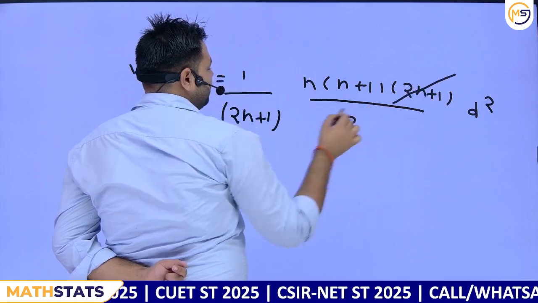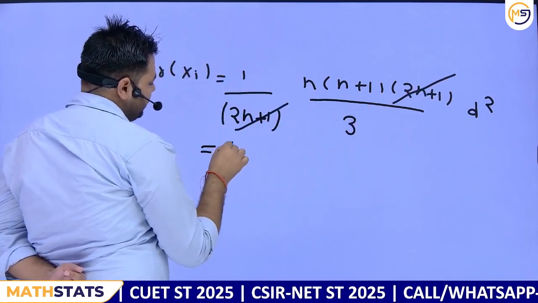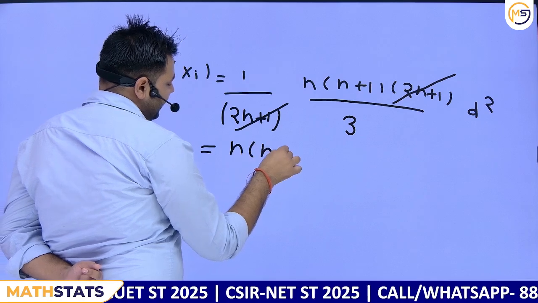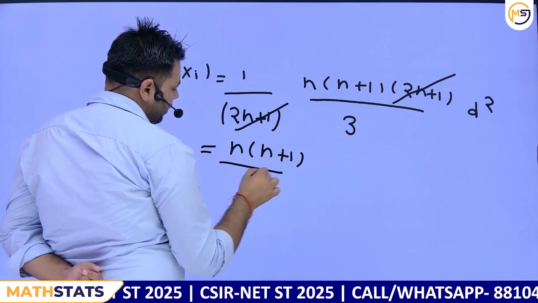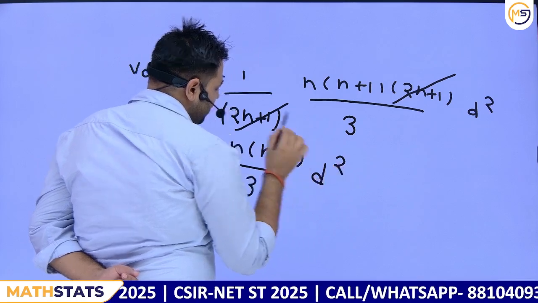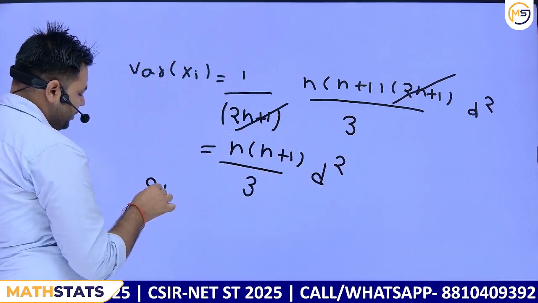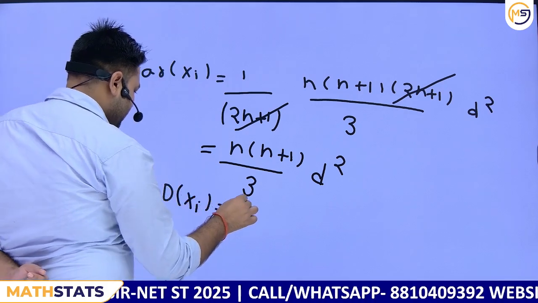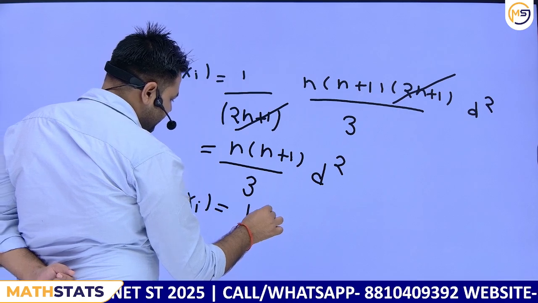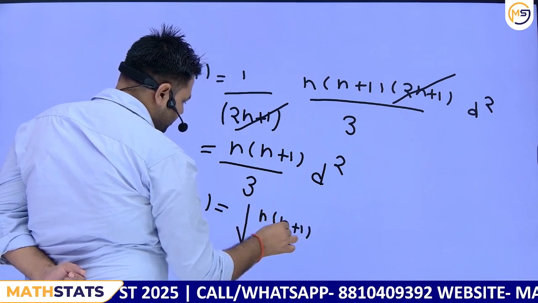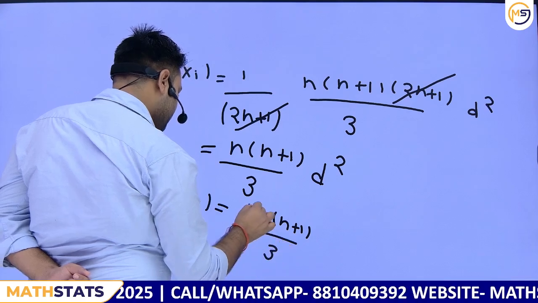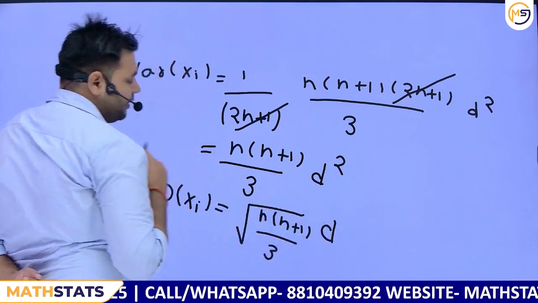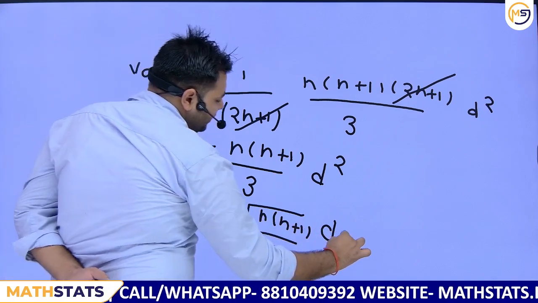So 2n plus 1 will cancel out, and you will get n plus 1 by 3 d square. Now what is standard deviation? So standard deviation of xi, you will get root over n plus 1 by 3 into d, right? This is standard deviation and this is variance.